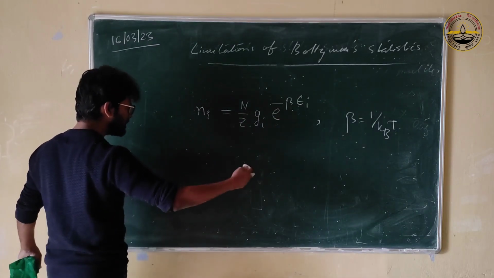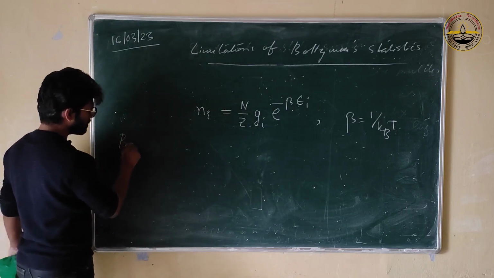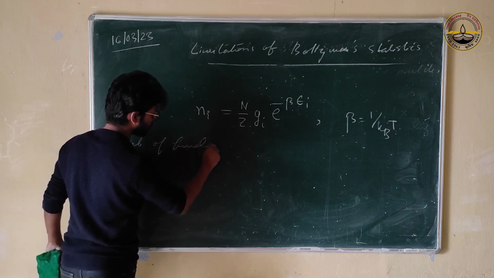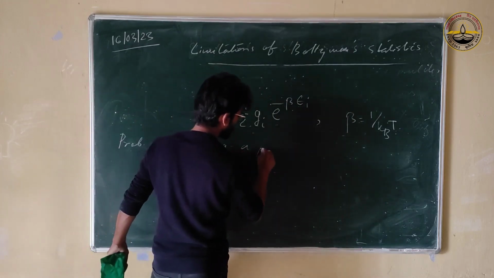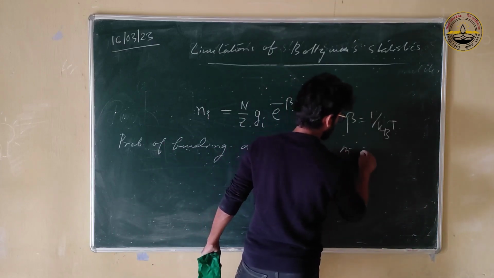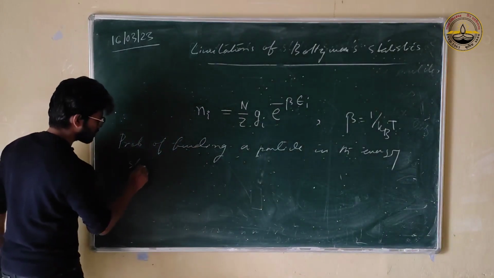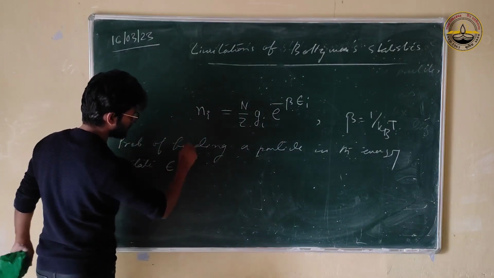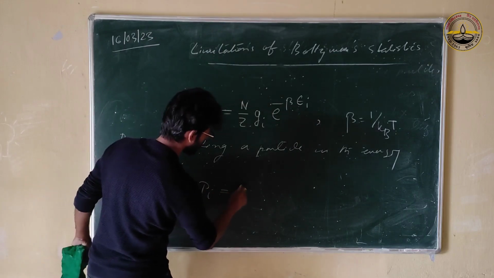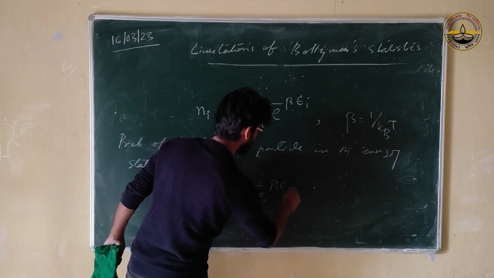In terms of probability, the probability of finding a particle in the energy state E_i is given by P_i equal to g_i over Z e to the power minus beta E_i.